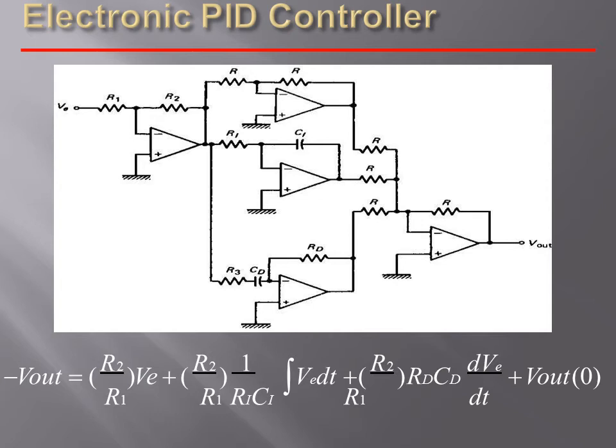The output is derived as minus V out is equal to R2 divided by R1 into VE plus R2 divided by R1 into 1 upon RI CI into integration of VE dt plus R2 divided by R1 into RD CD into d by dt of VE plus V out 0. So it is the combination of the output of proportional controller plus output of integral controller plus output of differential controller.